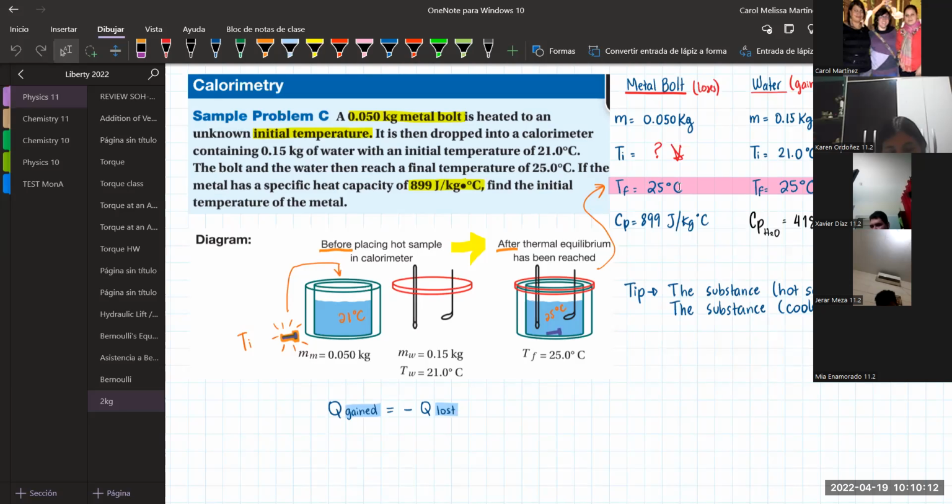What substance is the hot sample? Water or metal bolt?